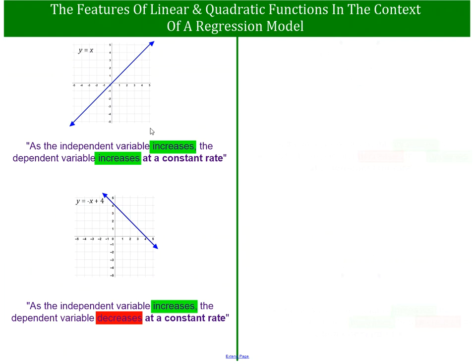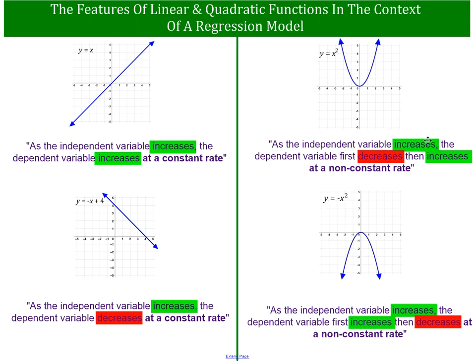So first, the linear. You could say as the independent variable increases, the dependent variable increases at a constant rate. If you can describe the data set in context like that, then you can say that about a linear model. Or, as the independent variable increases, the dependent variable decreases at a constant rate. If either of these applies to something happening in real life that you're taking data from, you could say a linear function is good for this data set.